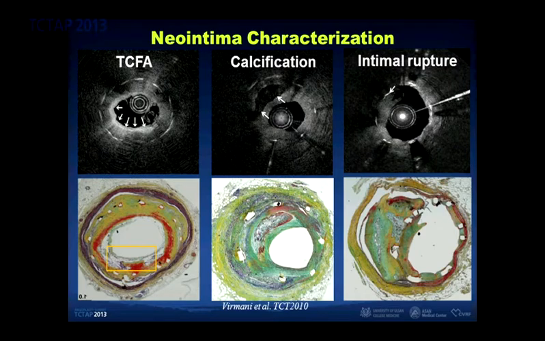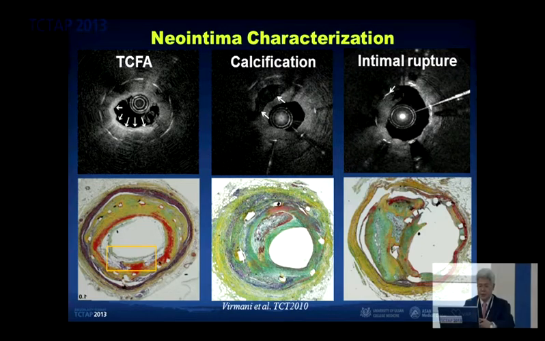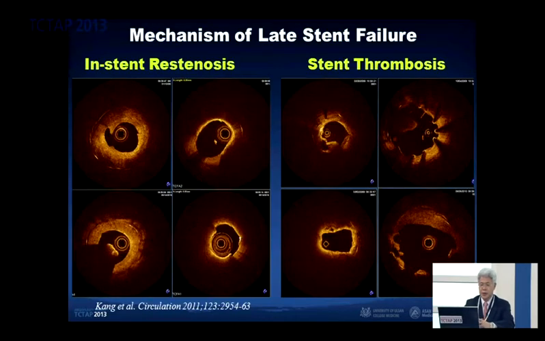And also using OFDI, we can identify the TCFA after stent implantation. Also, the calcification or intimal rupture. These are the neoatherosclerosis within the neointima. It is very easy to identify the pathophysiology in the neointima after stent implantation.